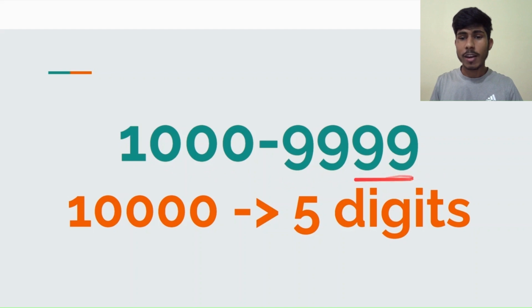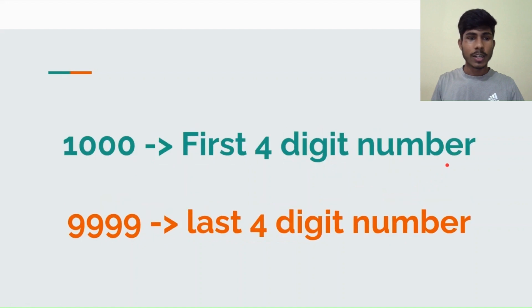And the next number will have 5 digits, that is 10,000. See, you can notice here that it has 5 digits. This is 10,000. So 1000 will be our first 4-digit number, and 9999 will be our last 4-digit number.